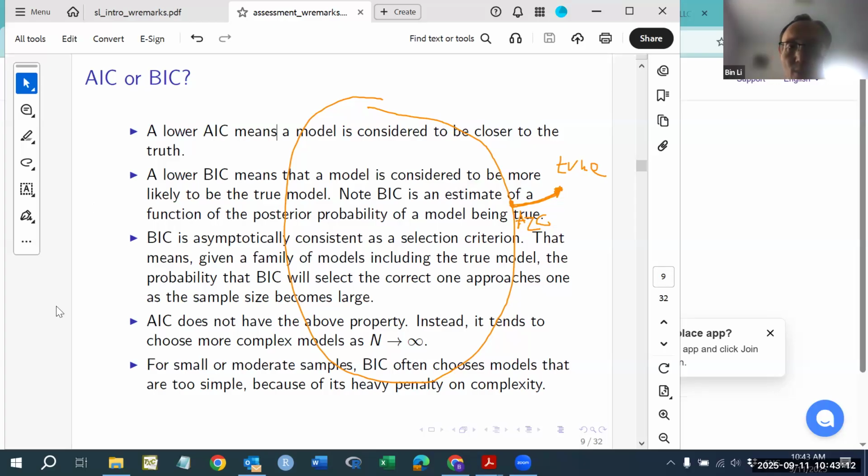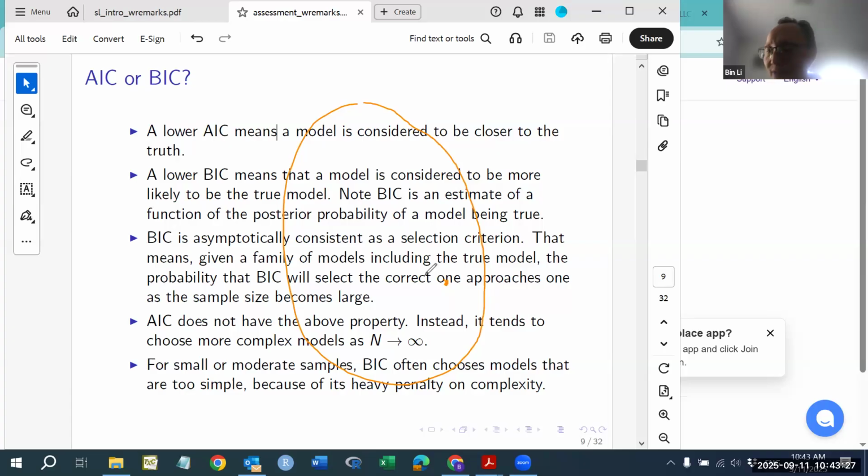But what is BIC? In the BIC setting, the model space is here and the true model is inside the model space. Using the BIC, if we have a large enough sample size, the model that we select is exactly the one where the true model is located.